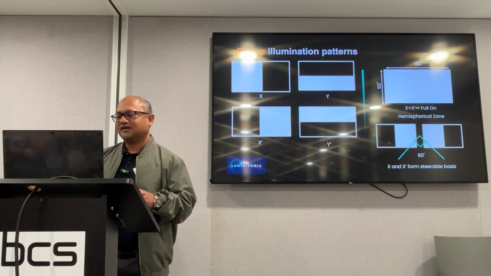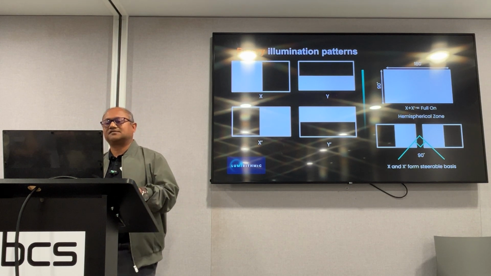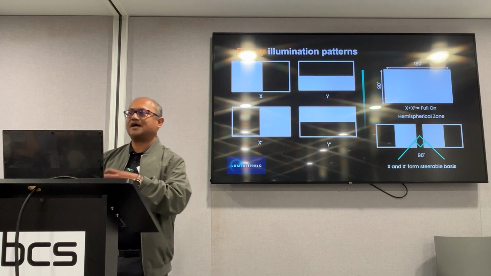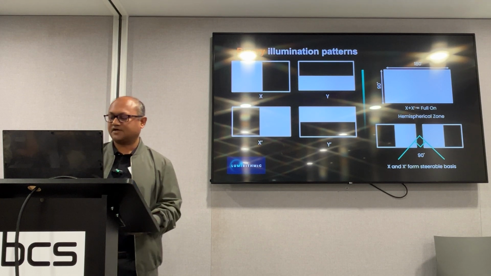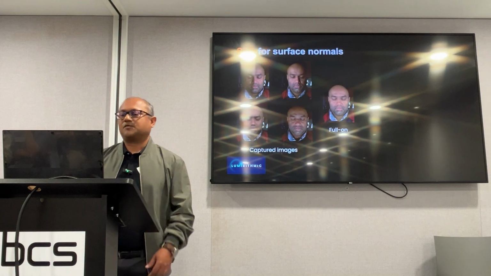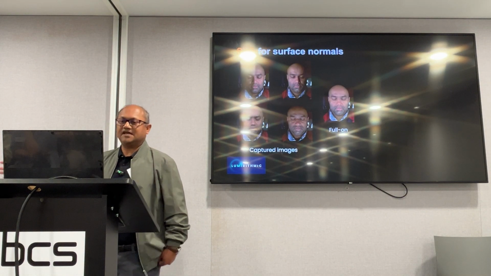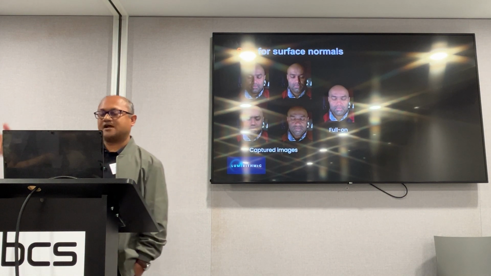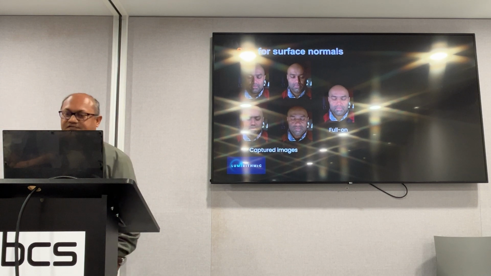So that means just X and Y conditions are sufficient to encode X, Y, and Z information of a photometric normal with this kind of illumination coverage. So what we do is we illuminate the subject with the X and Y, and of course, if you add up any of those two conditions, it also produces a full-on.